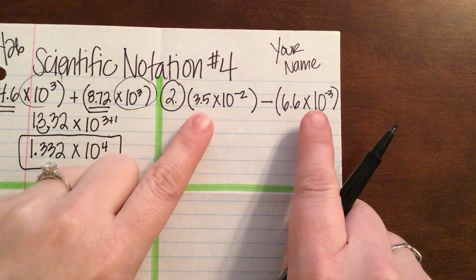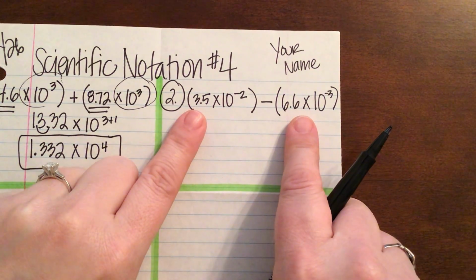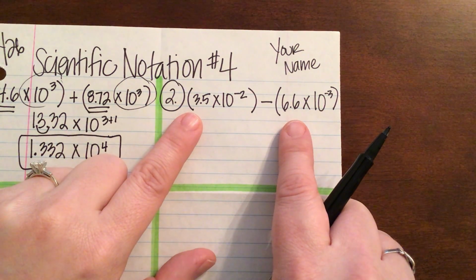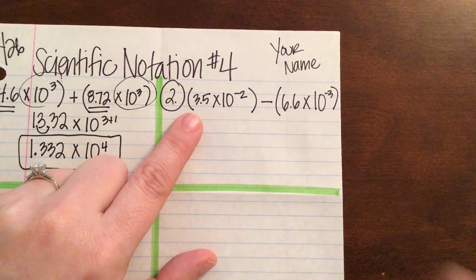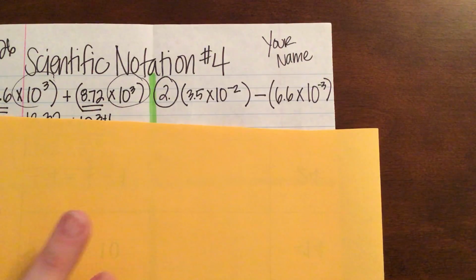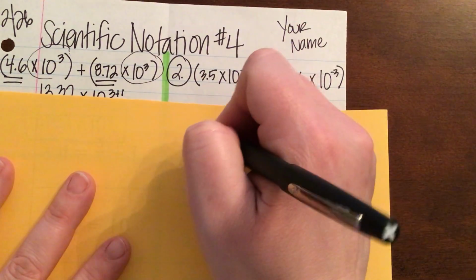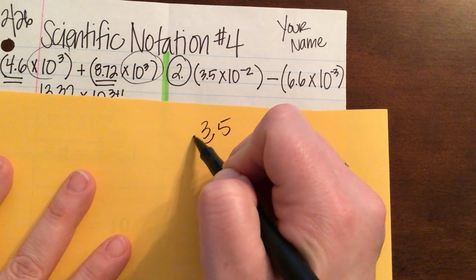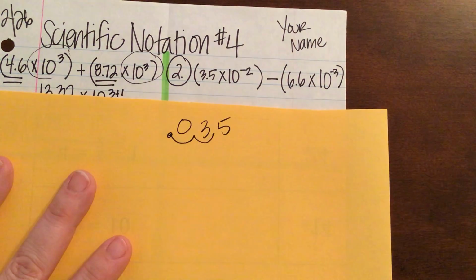So, since they are different, I need to change one so they're the same. Let's talk about what that looks like. I have 3.5 and my exponent's -2, so it goes boop, boop, right there.